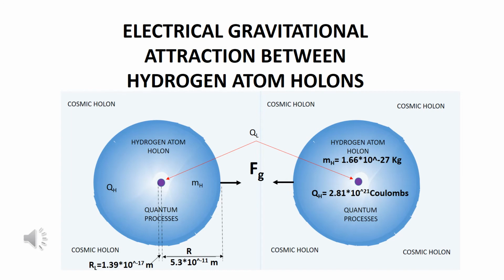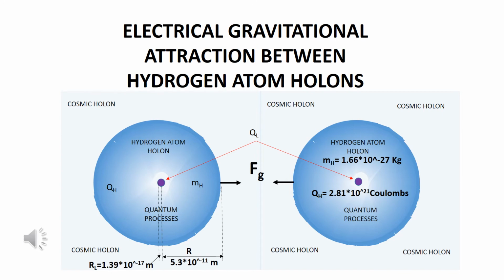This scenario fulfills the requirement we were looking for. It effectively provides an attractive force between the two holons, and provides a means of calculating an electrically driven gravitational force of attraction. This force is numerically equal to the electrical force of repulsion between the charges QL before they escaped from the hydrogen atom holon.